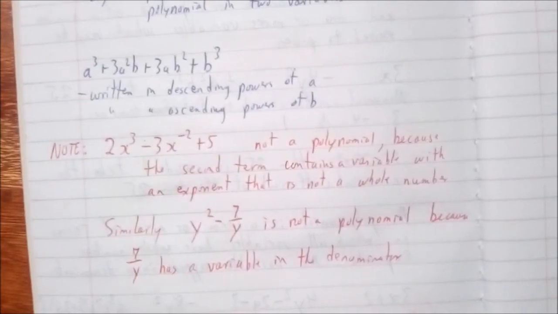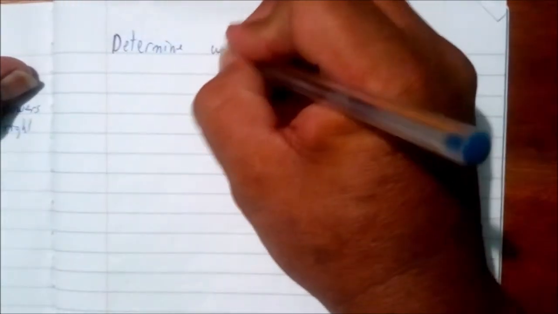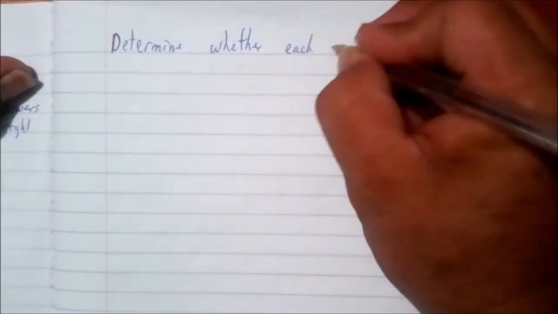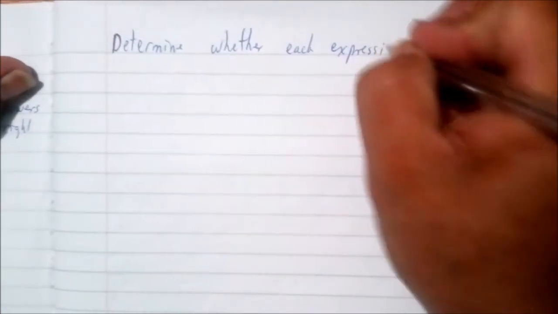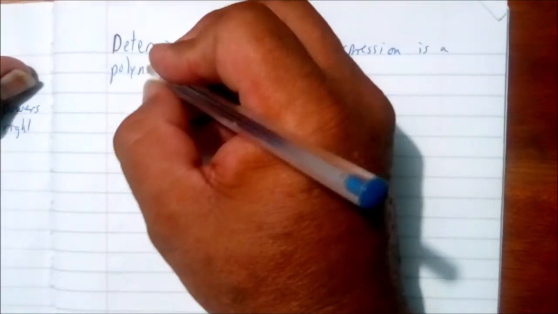Okay, now let's try a few examples. This is the way I'm going to word the questions to you. I'm going to tell you, determine whether each expression is a polynomial.